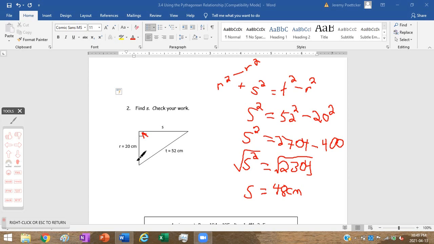Plus 400, 2,704, okay. And then I check and say, okay, 52 squared, 52 times 52, 2,704. Left side and right side are the same. It checks.